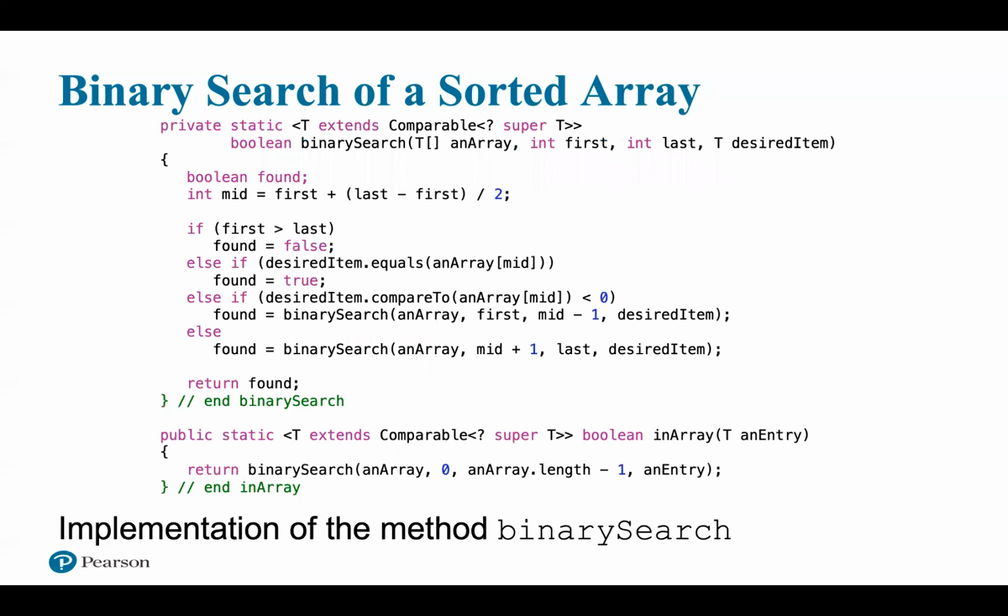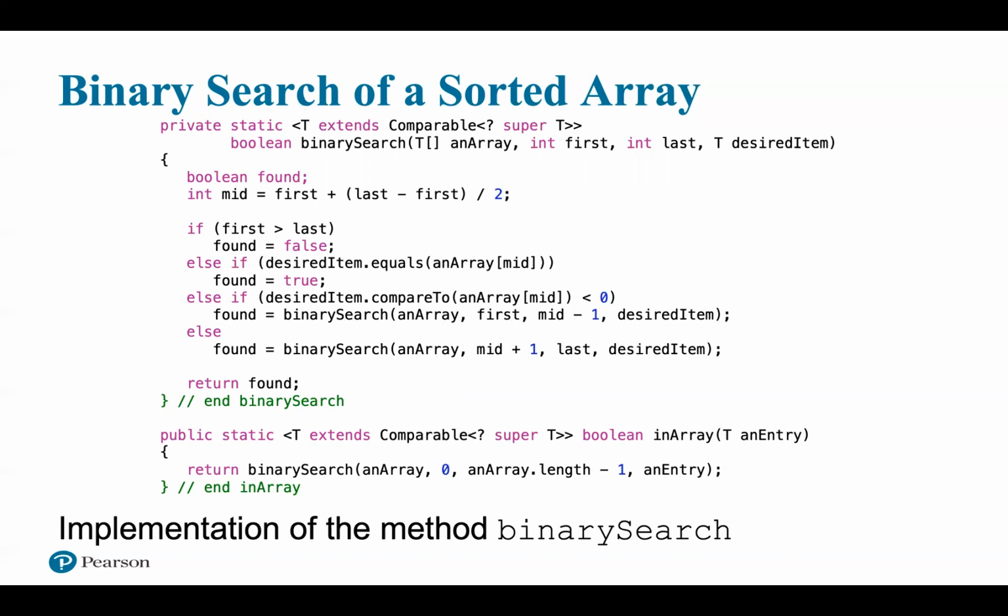Although the implementations of the sequential search that we gave in segments 19.3 and 19.6 use the method equals to make the necessary comparisons, the binary search requires more than a test for equality. To make the necessary comparisons, we need the method compareTo. Since all classes inherit equals from the class Object and can override it, all objects have the method equals.